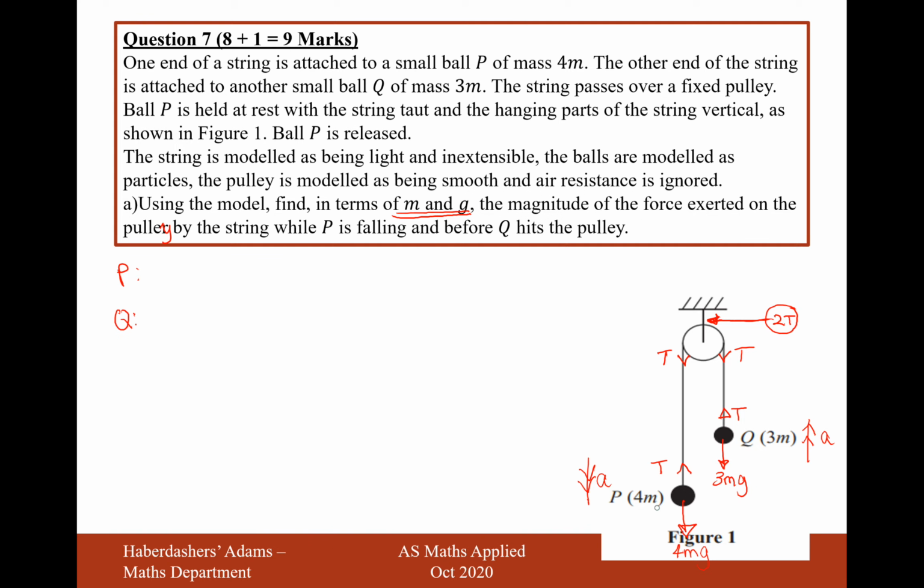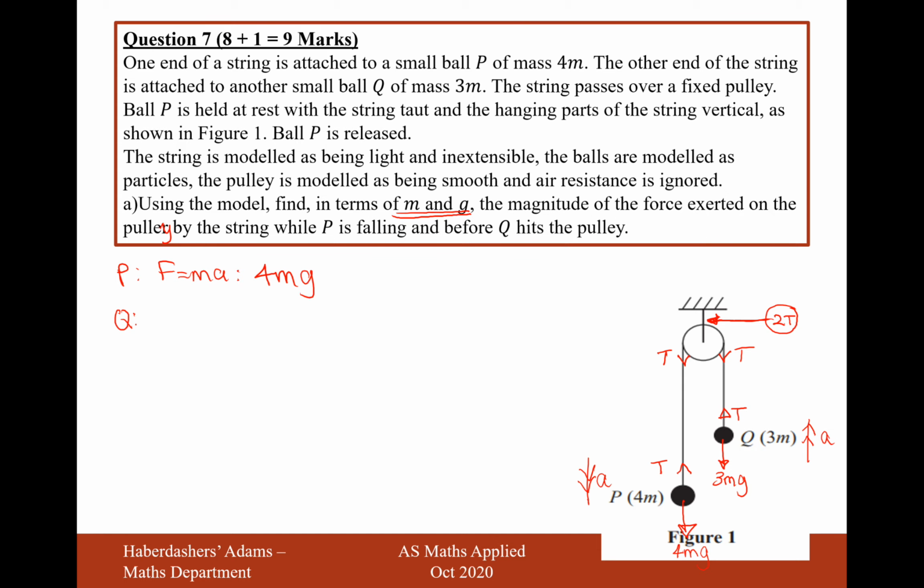So let's do P first. Let's do an F equals ma equation. So what are the forces acting on P? Well, we do positive force if it's going downwards because acceleration is going downwards, and negative if the force is going upwards because acceleration is in the opposite direction. So the force that we have going in the same direction as acceleration is 4mg.